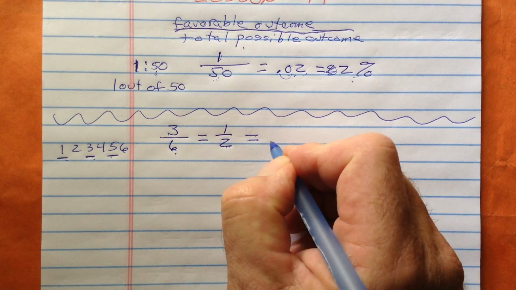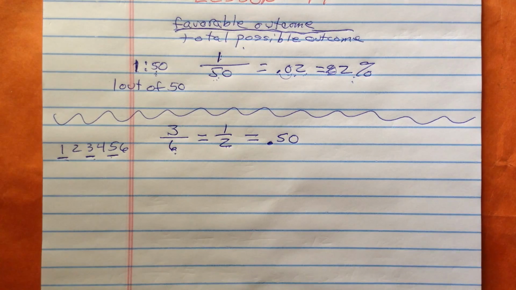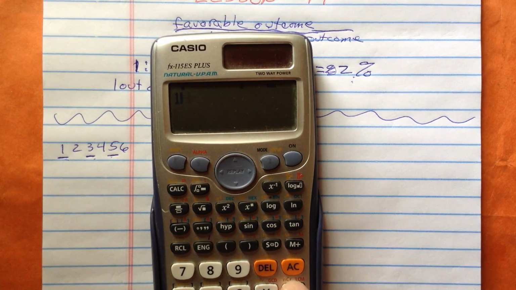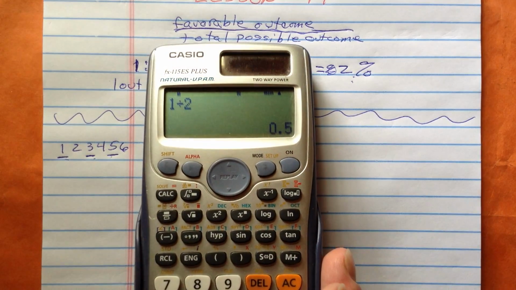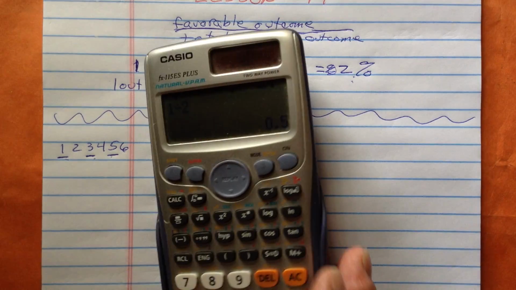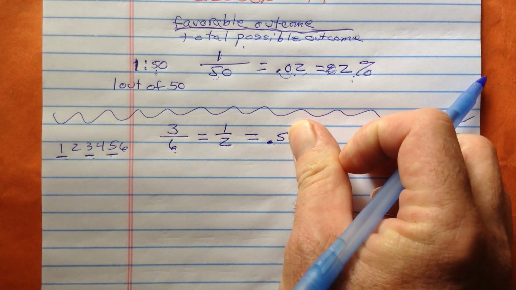A lot of you might already know that would be 0.5, or 50 out of 100. Or you can do it on the calculator, 1 divided by 2. I'm not sure if it's showing up. There it is, 1 divided by 2 comes out as 0.5, or 0.50.